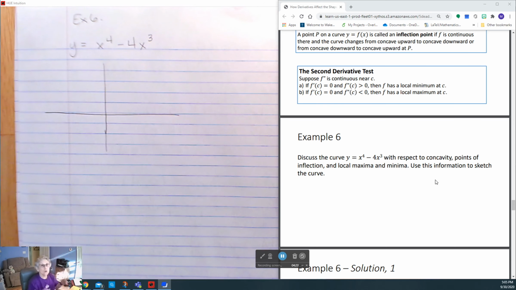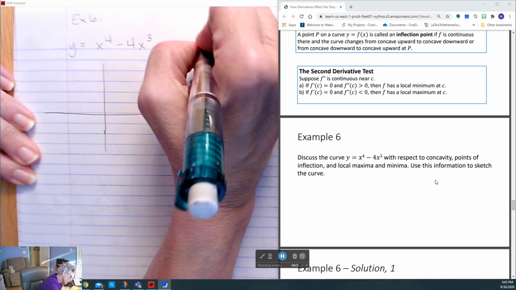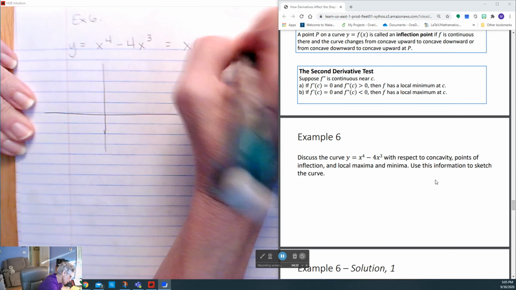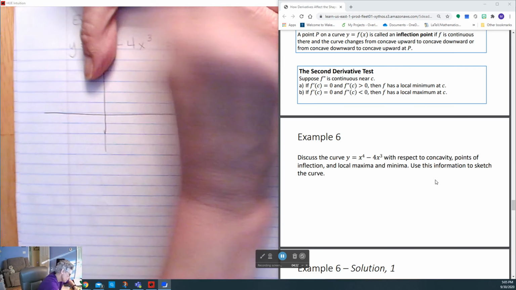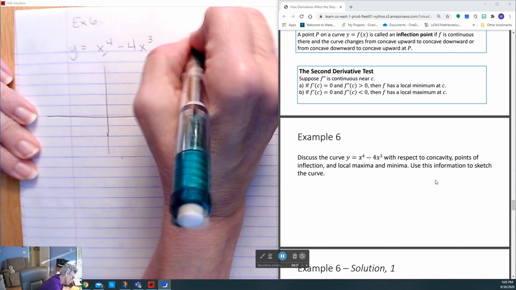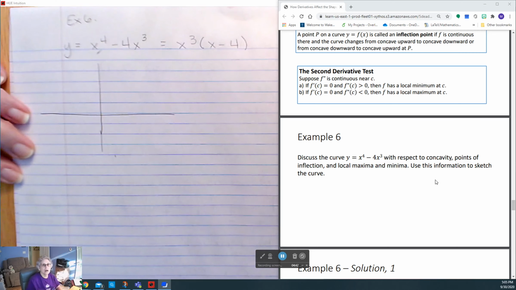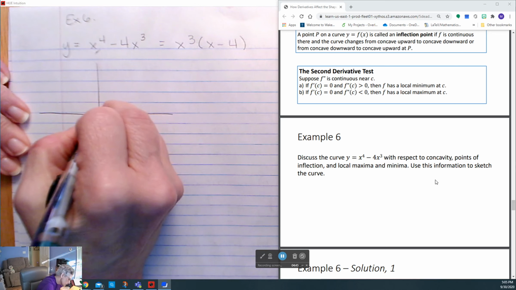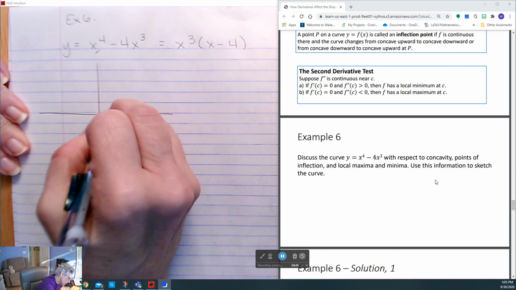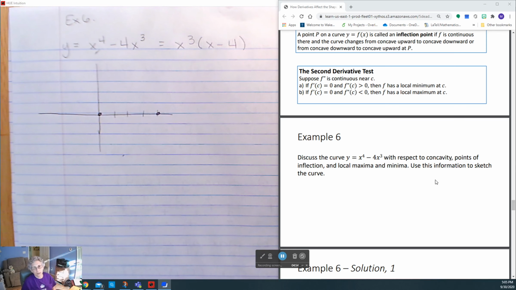So even before we start thinking about calculus, I can factor an x out, and I get x cubed. Actually, I factor an x cubed out, and I get x minus 4. So I know that it crosses the x-axis at 0, and it crosses the x-axis at 4.